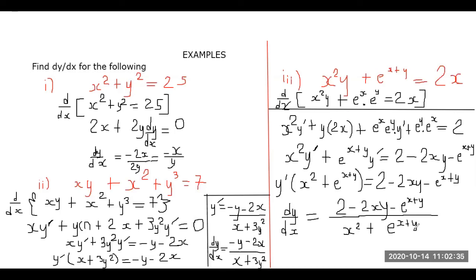And that's dy by dx. Easy, soft. And this is how we apply implicit differentiation to find dy by dx of some functions that are given, or the equations of curves that are given. Alright?